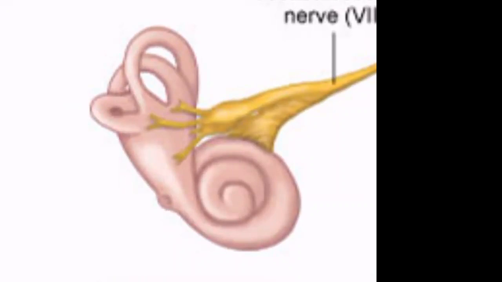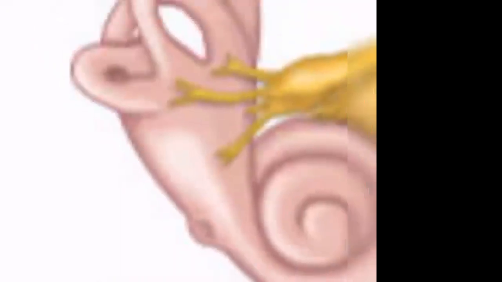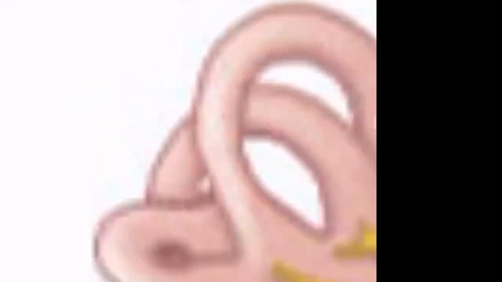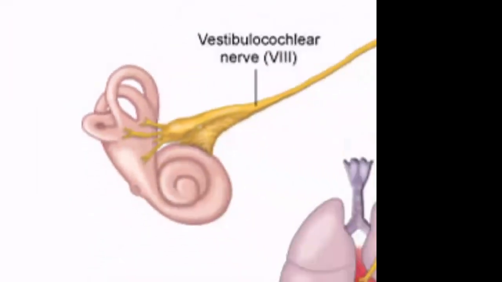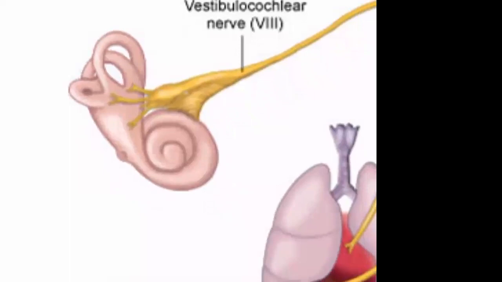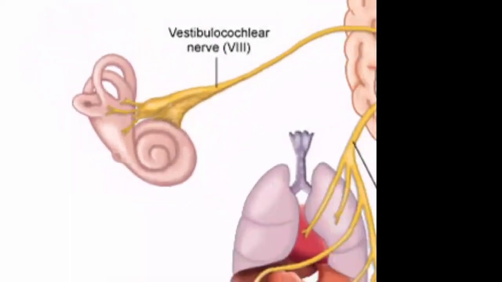The central area is the vestibule. Then we have these areas called the semicircular canals. Those are involved in balance. And then we have the snail-looking part called the cochlea. And that is where we have little filaments that respond to sound waves.